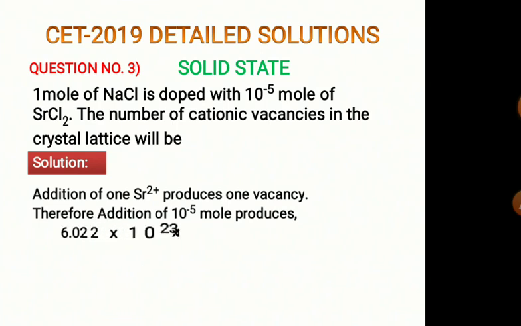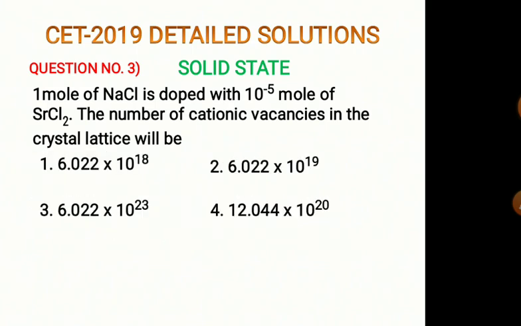Simple calculation: 10 to the power minus 5 into Avogadro number, you are going to get the answer 6.022 into 10 to the power 18. So which is the correct answer? Yes, once again the first option is the correct one. So these are the 3 questions of the solid state chapter which were asked in CET 2019.